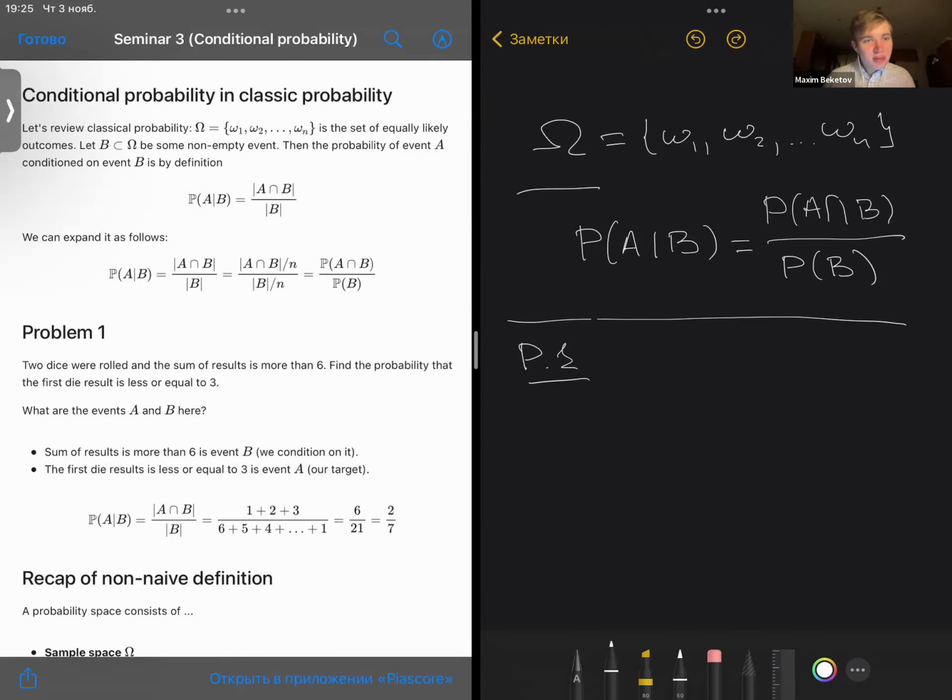Find the probability that the first die result is less or equal to 3, right?